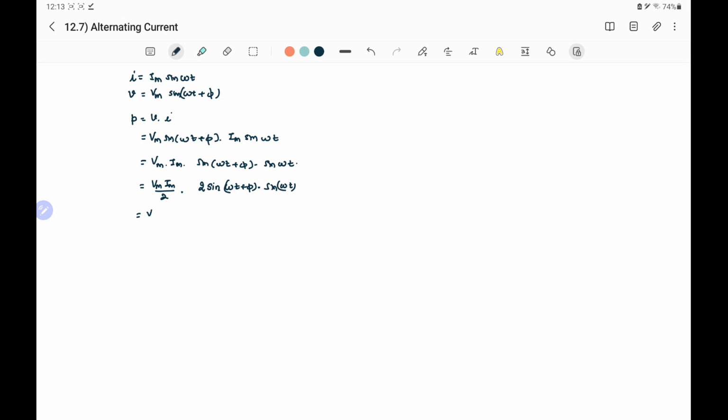Now using the trigonometrical relation, we can write that it is Vm Im by 2 into cos, because it is 2 sin A sin B, so we apply the formula and we will get cos phi minus cos of 2 omega t plus phi. We know the formula: cos C minus cos D equals 2 sin of C plus D by 2 into sin of D minus C by 2.